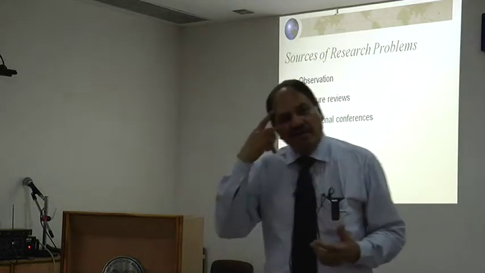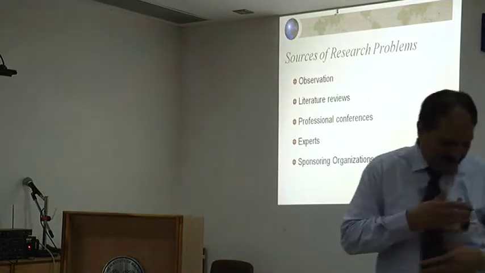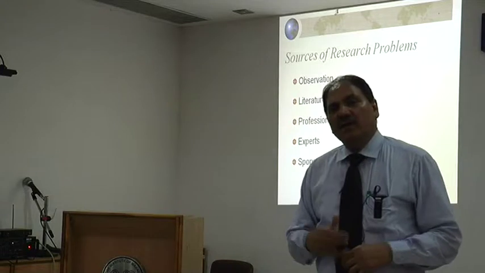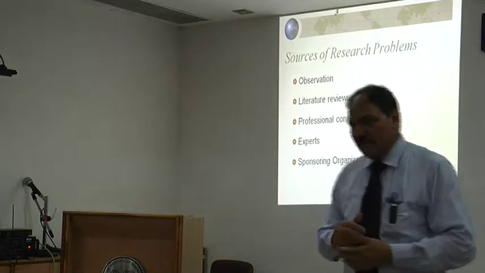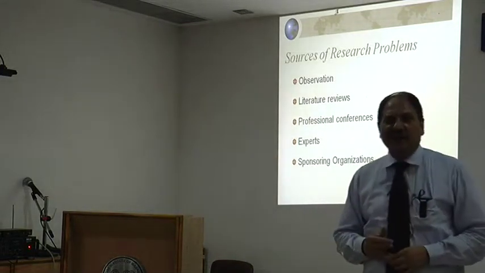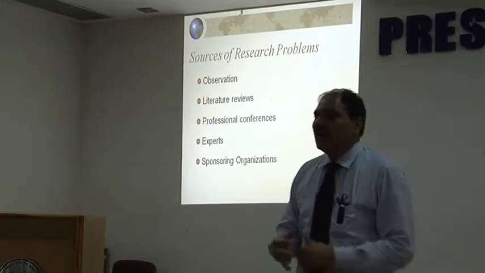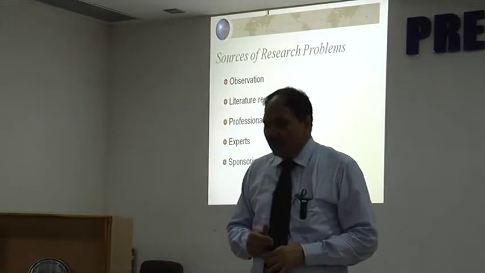Then experts. As I said, in case of PhD, it is the PhD guide who could be the expert, or in case of general research, you might find some experts in the area who can tell you which area you should select for research.